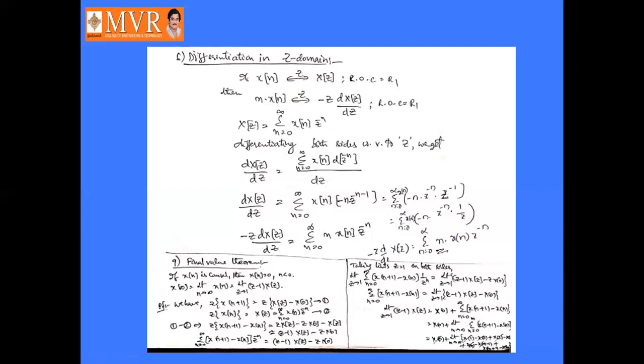So limit z tends to 1 of z minus 1 into x of z is equal to x of 0 plus sigma n equal to 0 to infinity x of n plus 1 minus x of n. So this is x of 0 plus limit m tends to infinity sigma n equal to 0 to m of x of n plus 1 minus x of n.